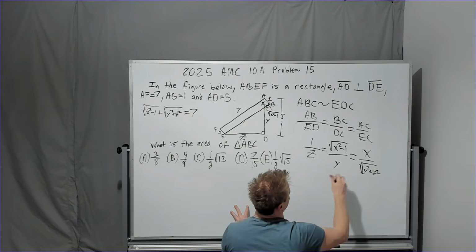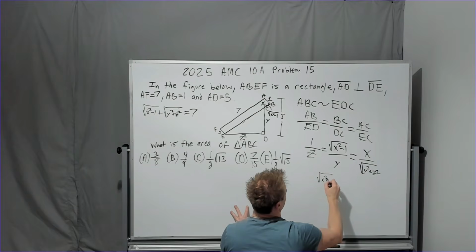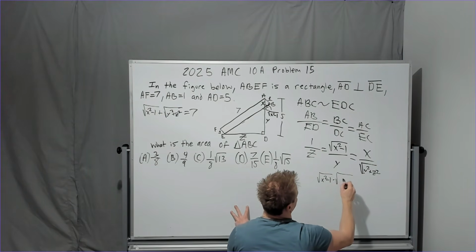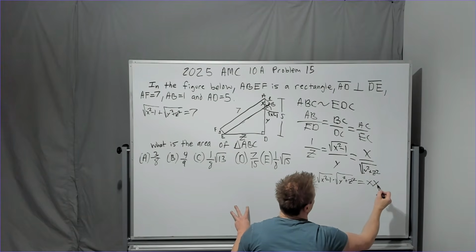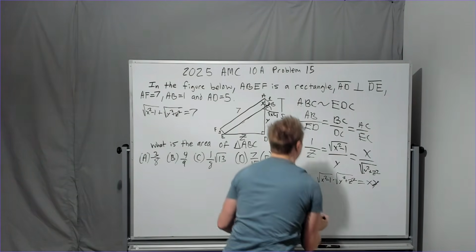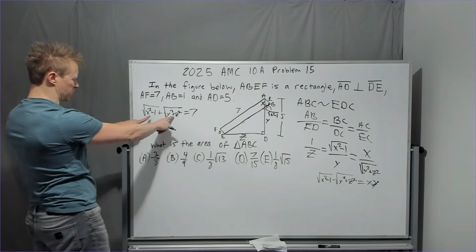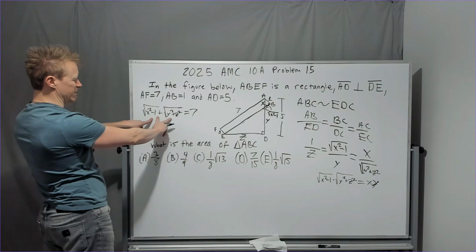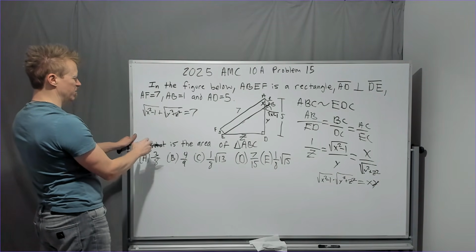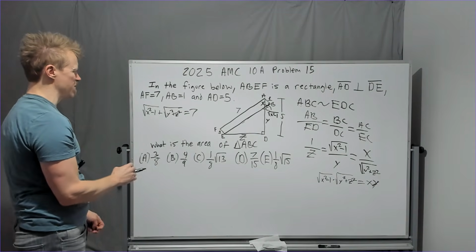If I cross multiply, then this is x squared minus 1 times y squared plus z squared equals xy. And then I was thinking about if you square this expression, you'll get 2xy. But it's kind of a big nasty mess from there, isn't it?